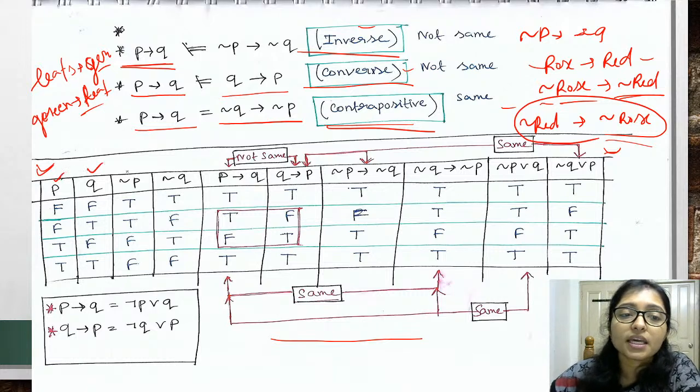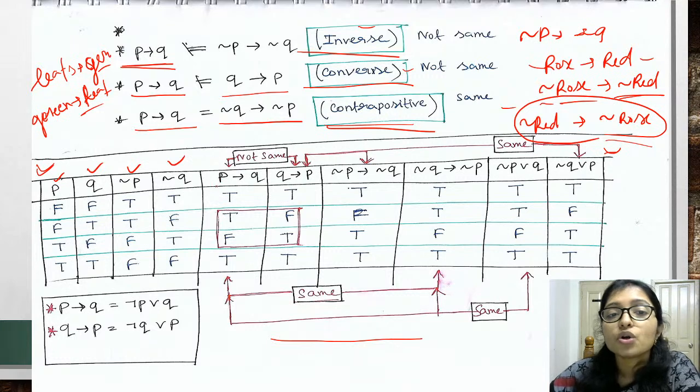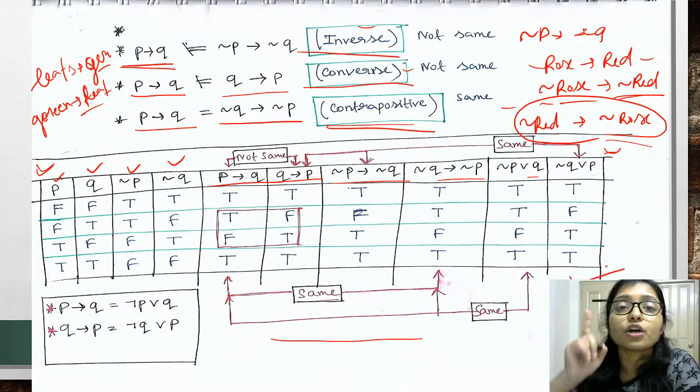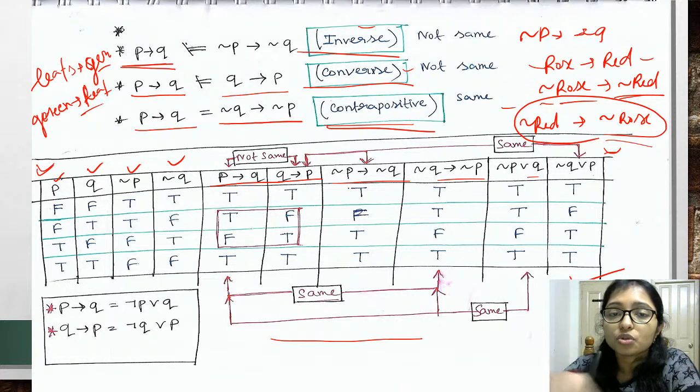Here it is P, Q, and here it is not P, not Q. Write down not P implies Q, not Q implies not P, and the same will come. Just for your concept, try to write this yourself. Don't copy from here, try to do it yourself.